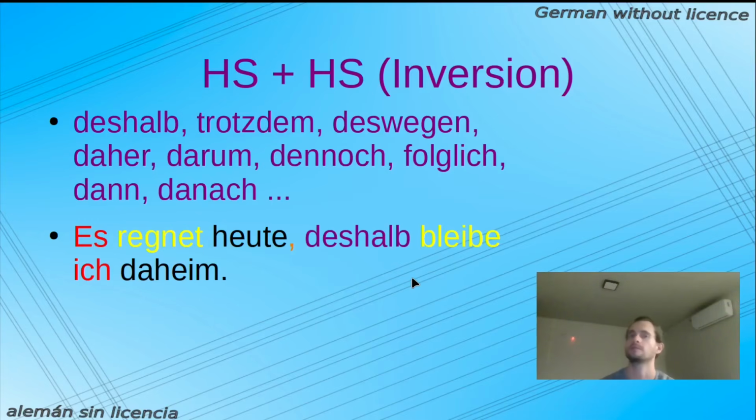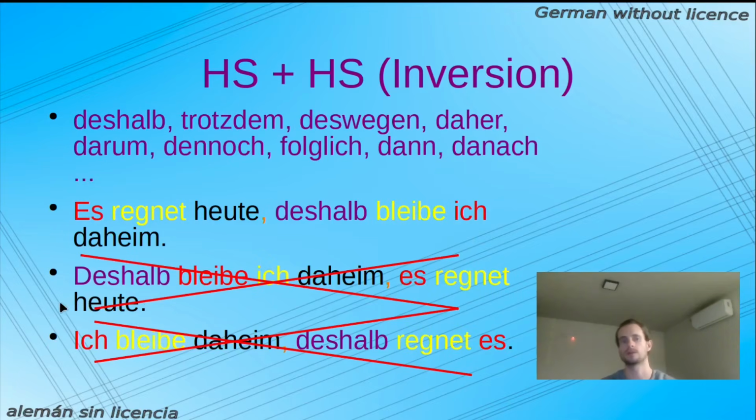An important aspect regarding the third group is also in this case you cannot interchange the order of the two clauses. So you cannot start with the deshalb sentence, okay? That's not possible. So I cannot say deshalb bleibe ich daheim, es regnet heute. It's not possible. I also cannot interchange just the clauses and keep the connector in between.